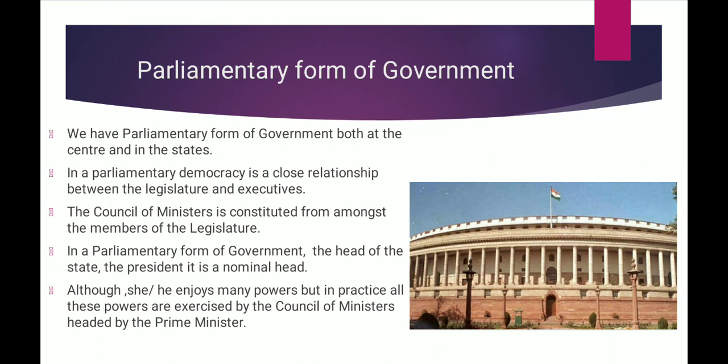The Council of Ministers is constituted from amongst the members of the legislature. The Council of Ministers in the state or the central government is formed from the members elected by the people. It holds office as long as it continues to enjoy the confidence of the legislature.